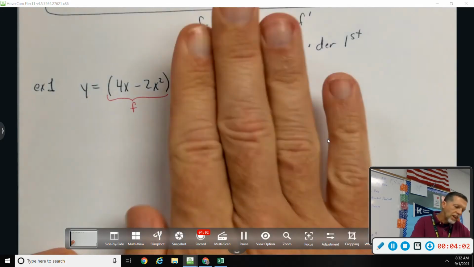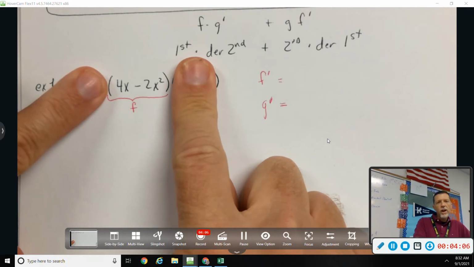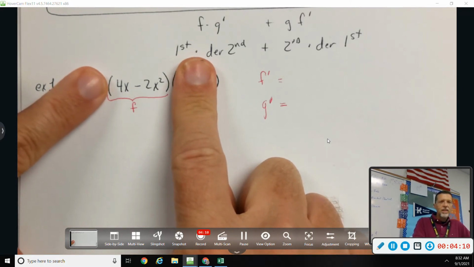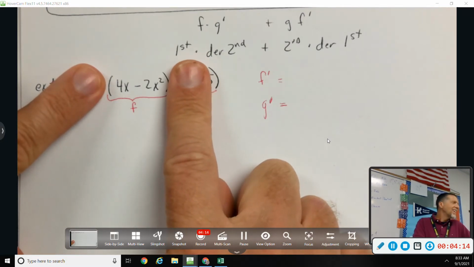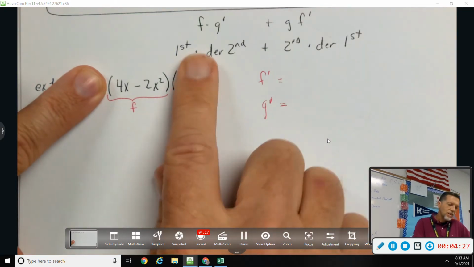So just looking at f, just looking at that first function, what's the derivative of 4x minus 2x squared? Use not the product rule, but the power rule, the shortcut rule. So is that whole thing to the power of 1?